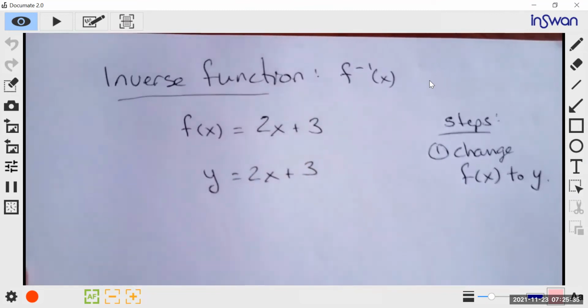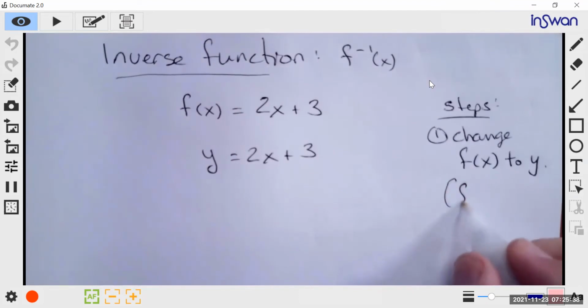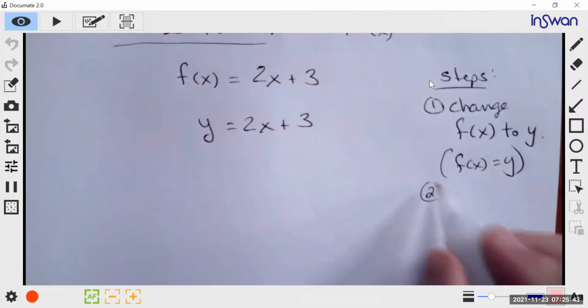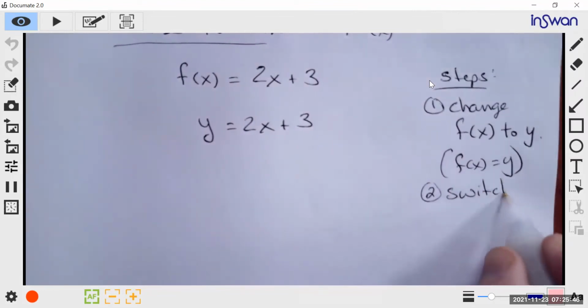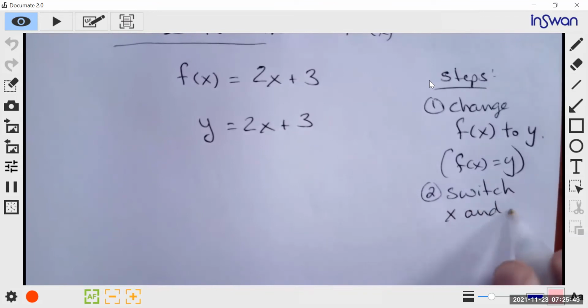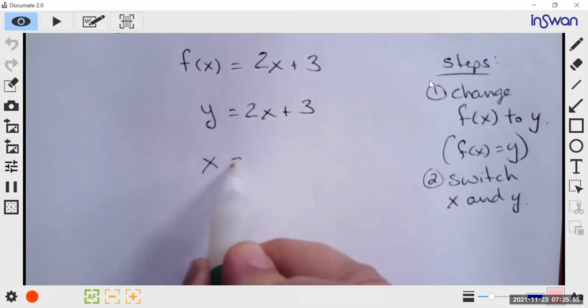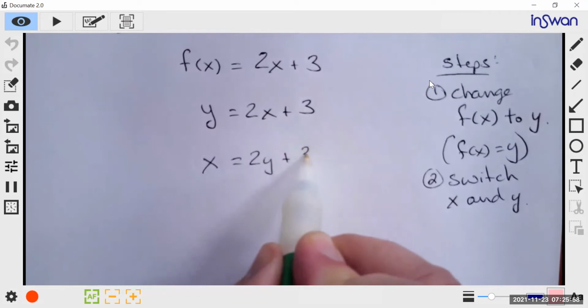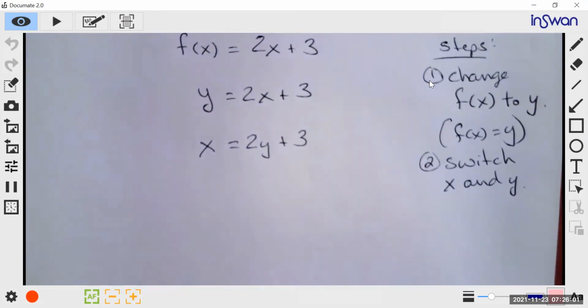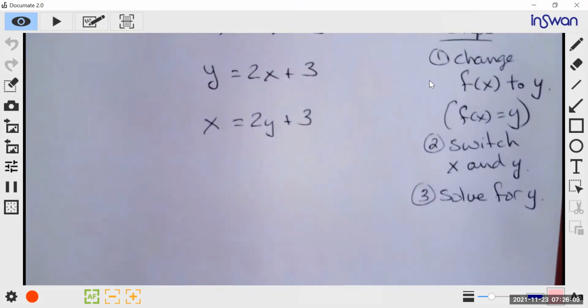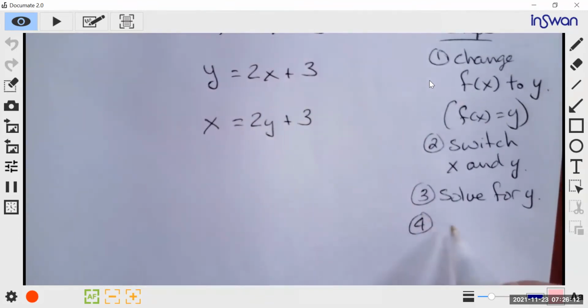It makes it much easier, even though we know that f of x equals y. Second step, switch x and y. Now solve for y. And whatever you get there, that y is actually your inverse.